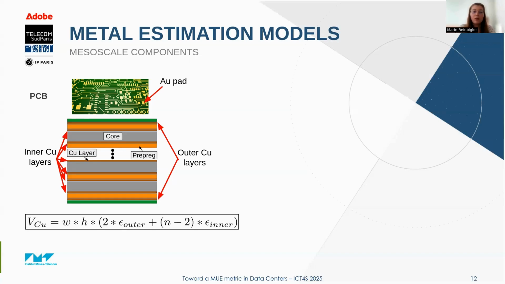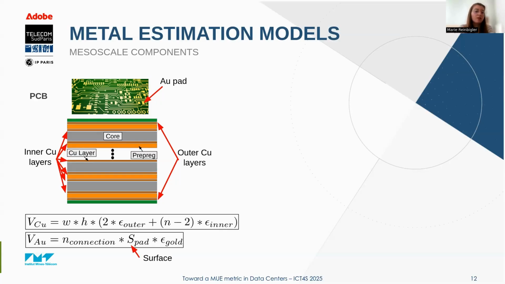And so to estimate the volume here, we just consider the size of the PCB card multiplied by the thickness of each copper layer, and for the gold we quantify the number of connections, we multiply it by the surface of each pad and by the thickness.